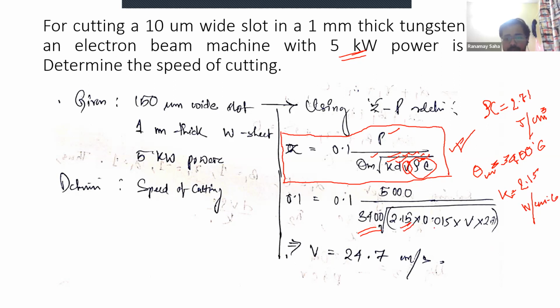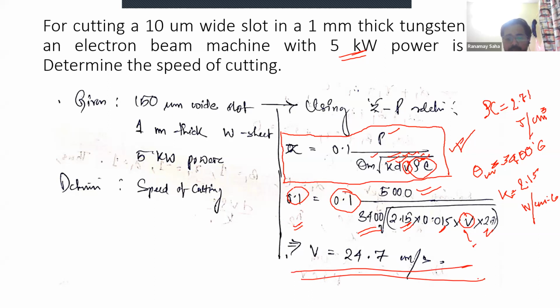So now this has been given to you: the diameter of the slot to be cut, and the velocity you have to find out. 2.71 is your rho c value. 5,000 is your power in watts. This is a constant. This is the 1 thick sheet which is given to you. Now this is actually the depth z. So considering all these things, you finally find the velocity is 24.7 centimeters per second. Now it's clear, I guess.